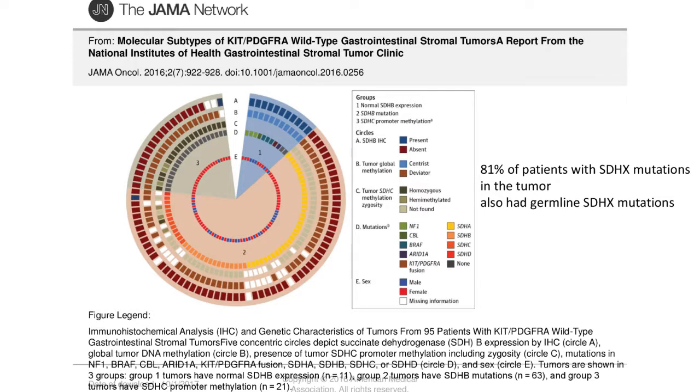I think this slide really highlights the value of collaboration between the patient community and the provider community to really gain information in a rare subtype of GIST, because it was really through the collaboration of creating the NCI Pediatric GIST Clinic that we were able to learn this much about this very rare subtype of disease.